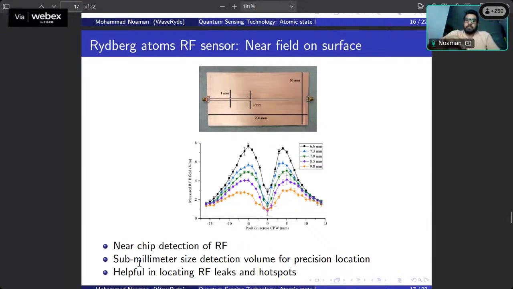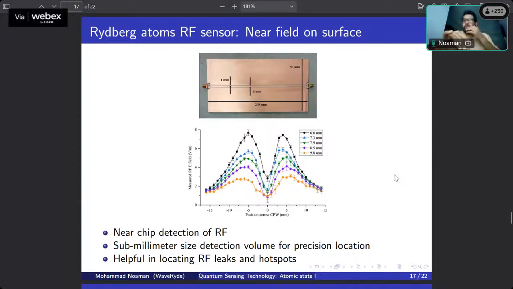With such a tiny system, you can resolve the radio frequency field across this chip. The dimensions are very small, and you can see a lot of fine structure information around there.